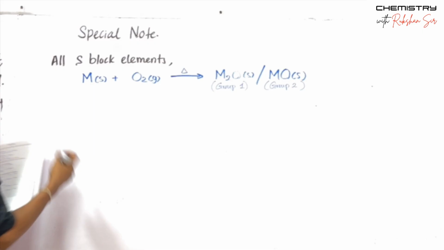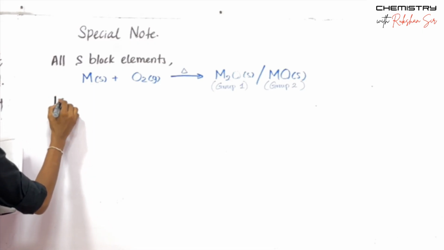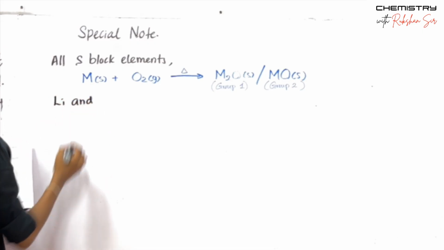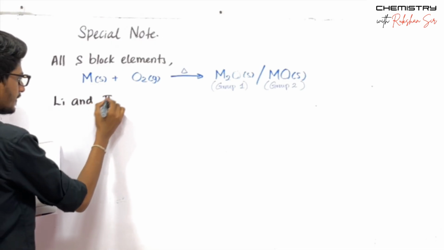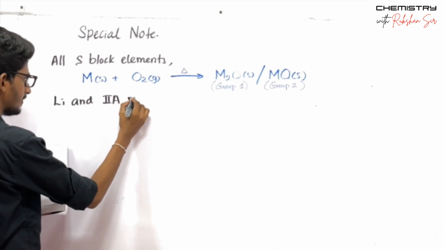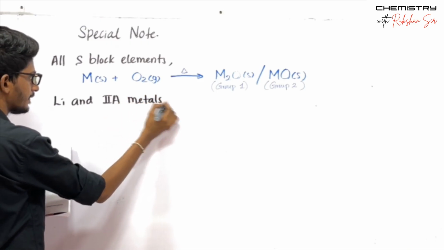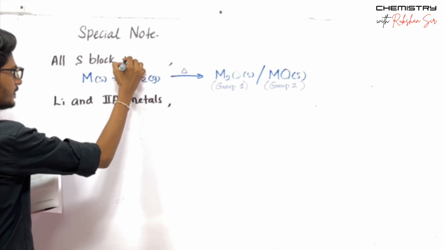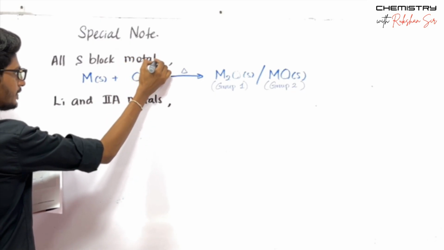So let's write that as well. Lithium and group 2A elements, group 2A metals. All are metals.